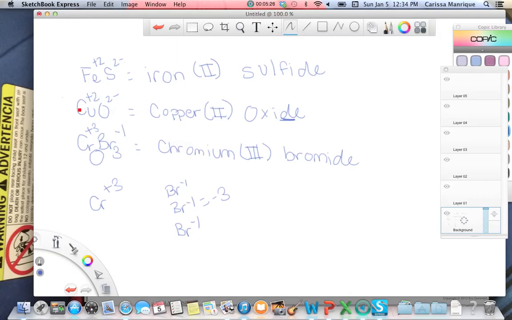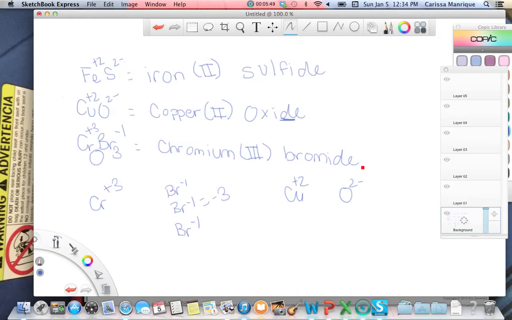Now let's look at this one here. I have 1 copper, 1 oxygen, because I have no subscripts here. So they're both 1. I know oxygen is a -2. I only have 1 copper, so that means it has to be a +2.